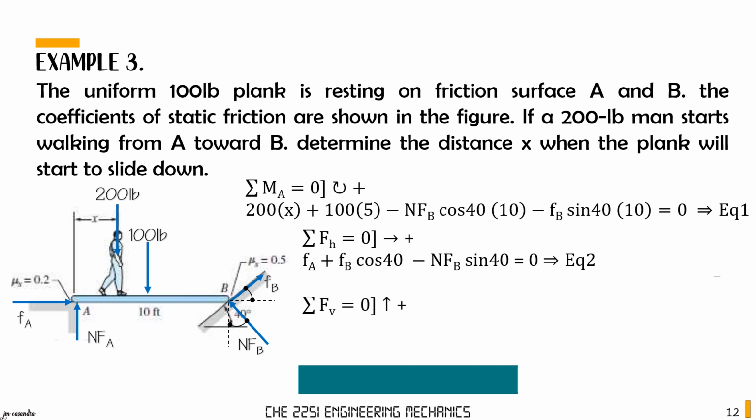Next, summation of forces vertical, upwards positive. So we'll have NF at A plus vertical of the friction force at B minus the normal force at point B minus 200 minus 100 equal to 0.